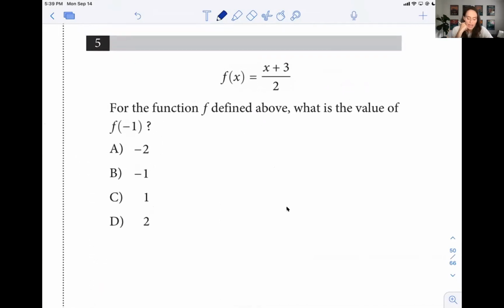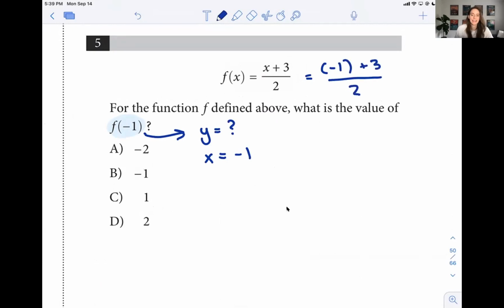For the function f defined above, what is the value of f of -1? So when they ask us f of -1, they are asking you, what is y equal to when x equals -1? So we need to plug in the -1 for x and then find that in our calculator.